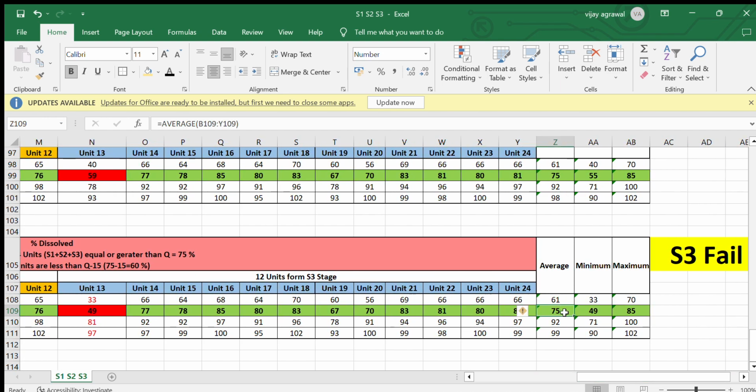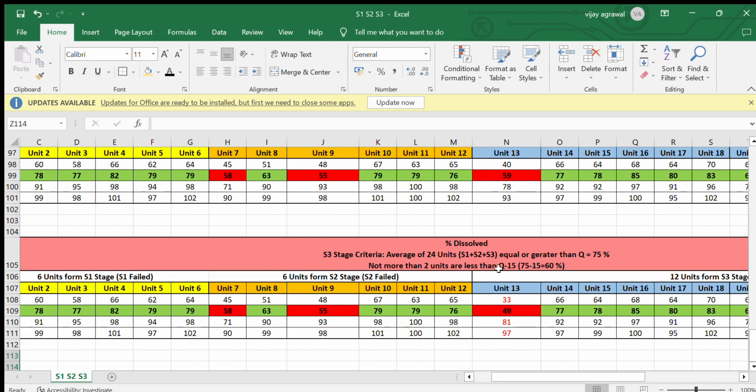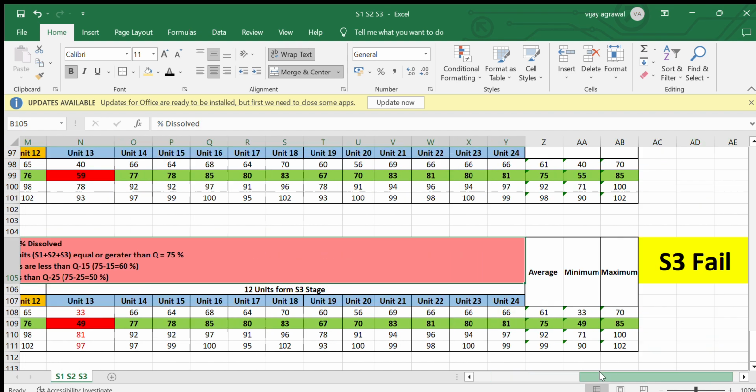Here also the average is passing, but the 60% unit criteria and 50% unit criteria is not meeting. That means 1 unit is going below 50% and 2 units are going below 60%. So because of this unit number 13, the S3 criteria failed.